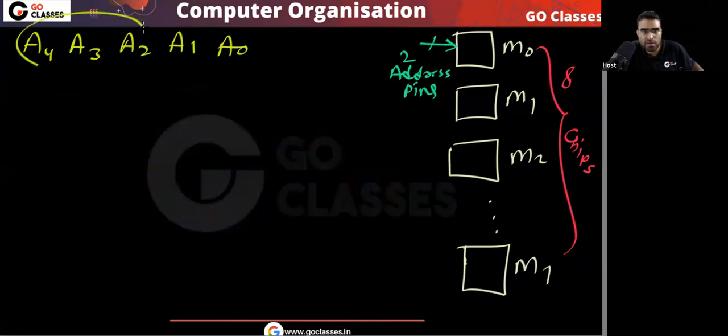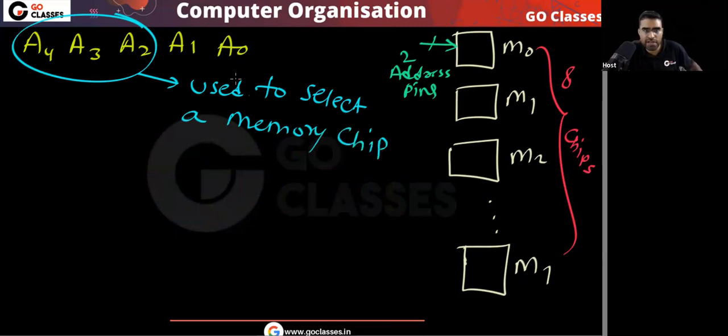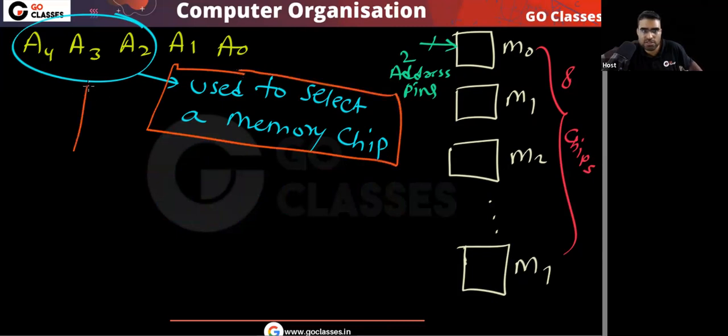Whenever you have this high order memory interleaving, basically, when you select a chip, to select a memory module, then this will be called high order memory interleaving.